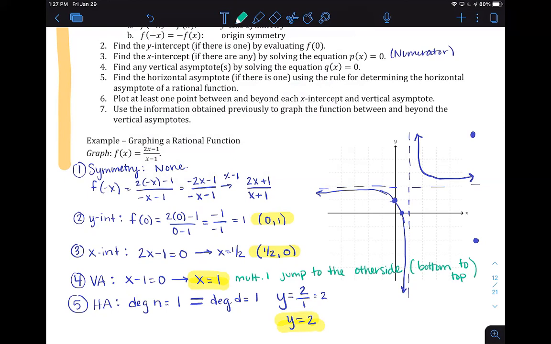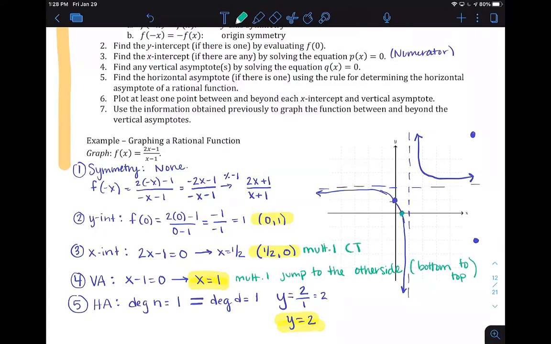Okay. That idea of multiplicity also holds true for your x-intercepts. Remember, if we had multiplicity odd, which is what we have here, we cross through. Well, look at your graph. At that x equals 1/2, did you cross through the x-axis or did you bounce back? We crossed through.